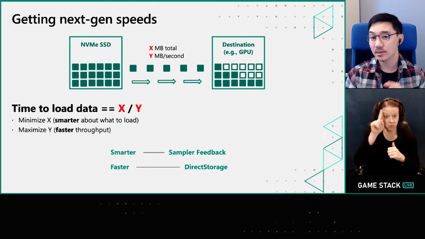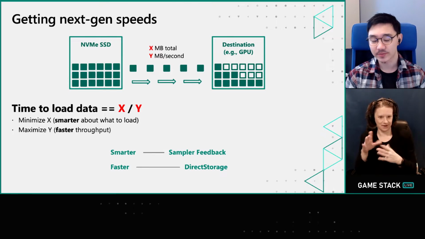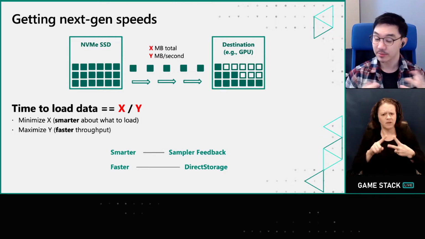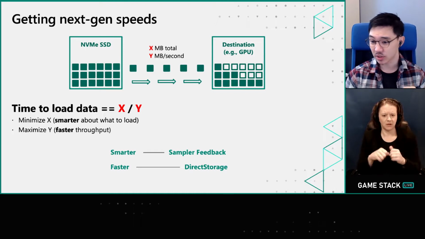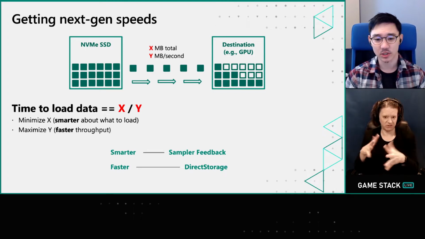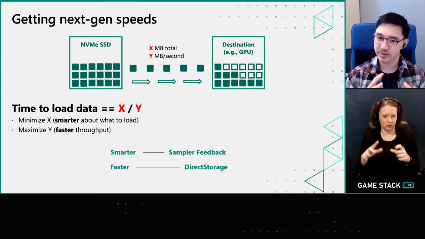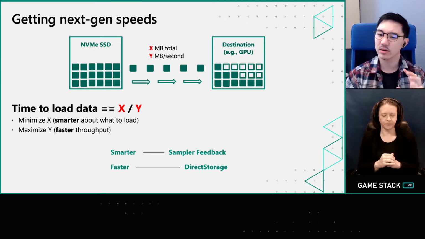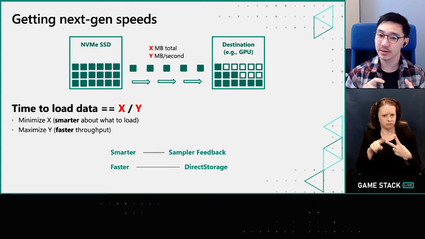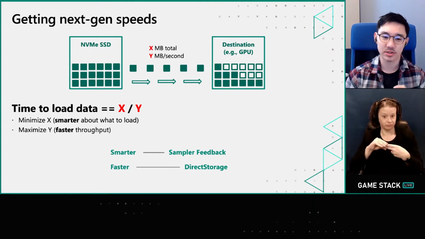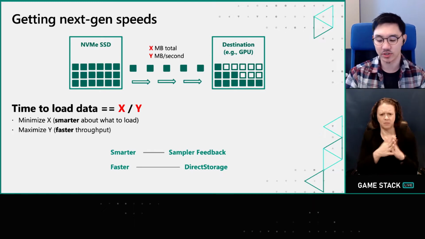And to be faster, we've created DirectStorage. Both of these already exist on Xbox. Sampler feedback exists on PC, and we're bringing DirectStorage to PC as well to complete the picture. Today we'll be talking specifically about DirectStorage. At the end, we'll talk a little about how sampler feedback and DirectStorage combine to give you a very modernized engine, which allows you to transfer all that data pretty quickly and only what you need.